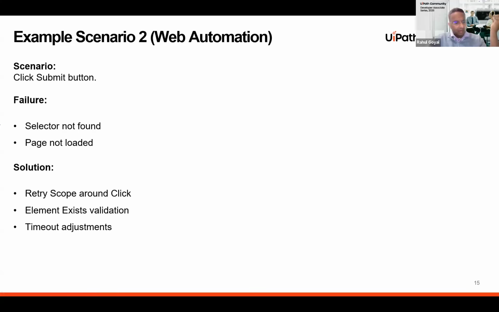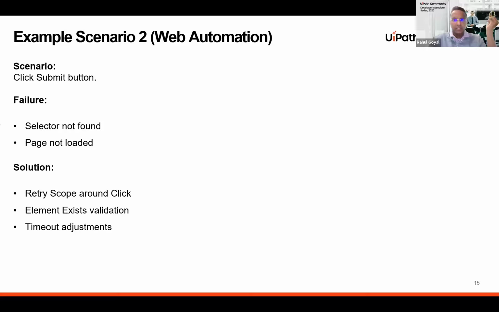Web automation, I think I captured it already, just to fast forward so we can look more into the system also. But like I said earlier, make sure there's enough retry, pause, and wait time factored into your automation so that the selectors and the click buttons are accessible before the page is loaded or before the element exists in the system.